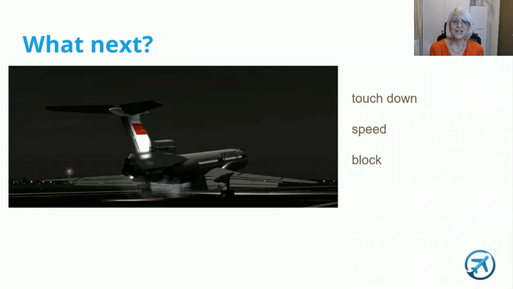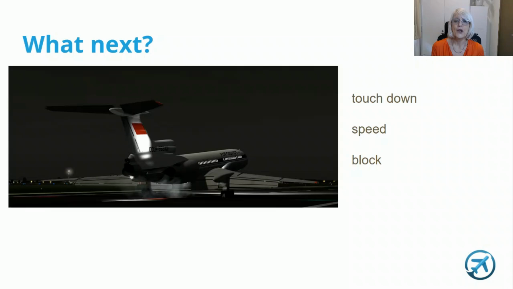For this picture, you can use the phrasal verb touchdown, which is a regular phrasal verb ending in ed. You also have the verb speed, which can be a regular verb ending in ed, speeded, or it can be used as an irregular verb spelt sped, which is what I've used in this lesson.